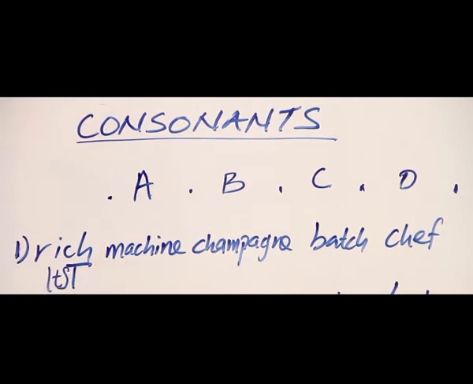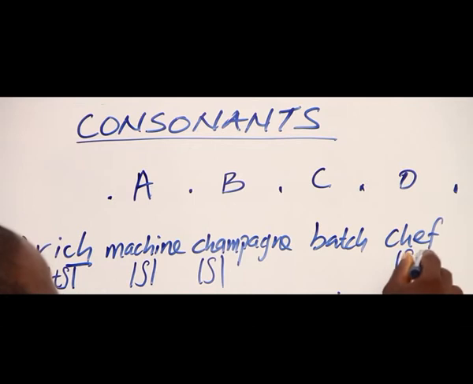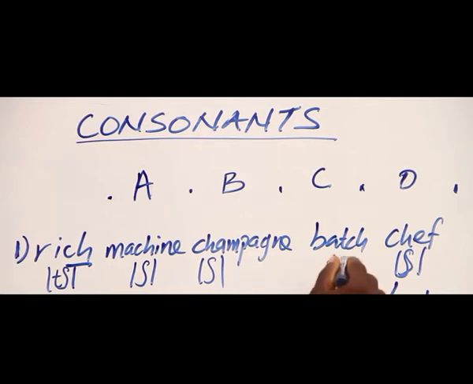Words of French origin having CH as the spelling do not have the affricate. Rather, they give you the fricative sh. So machine, champagne, and sharp will have the fricative. That leaves you with option C, which has the affricate ch. So our answer is C, batch.